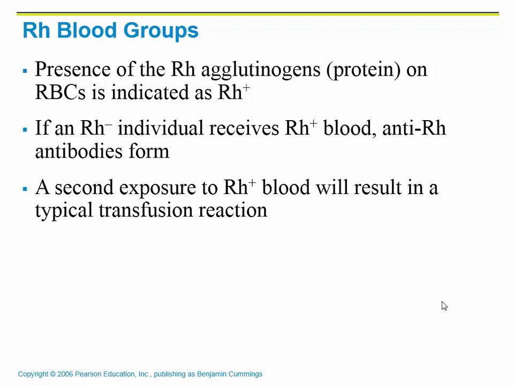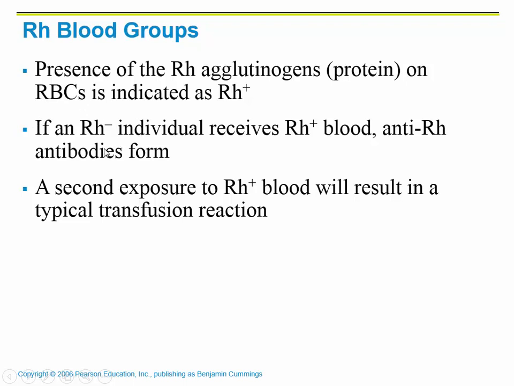Now, when it comes to the positive or negative, so A positive, B positive, A negative, B negative, there's another protein, the Rh factor, as we call it. If the Rh factor is on the red blood cell along with whatever kind of blood antigen you have, then you are Rh positive.